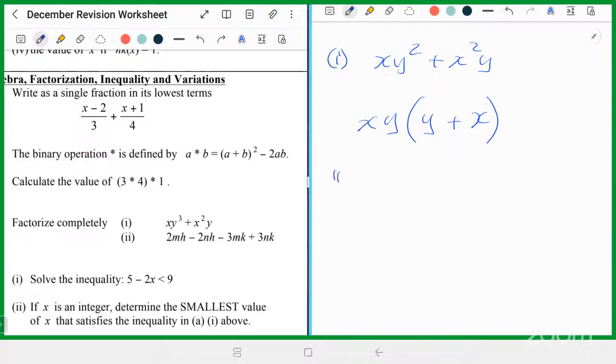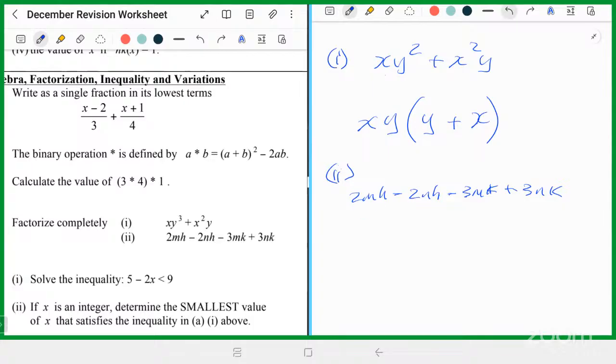Part 2, we have 2mh minus 2nh minus 3mk plus 3nk. It's a factorization by grouping. We check the first two terms for the highest common factor first. So these two have a common factor of 2h.